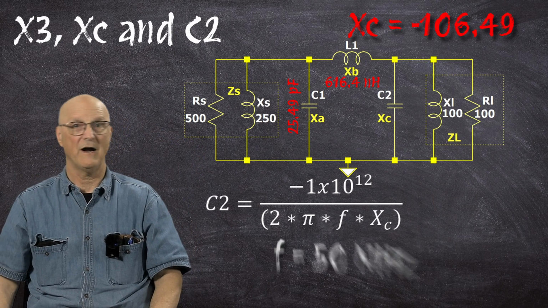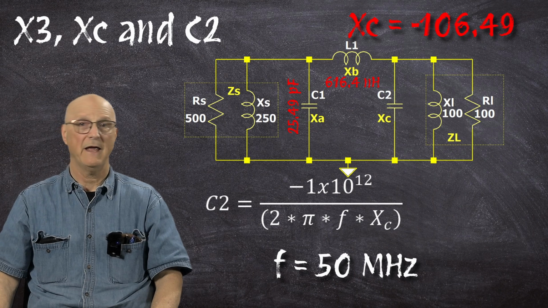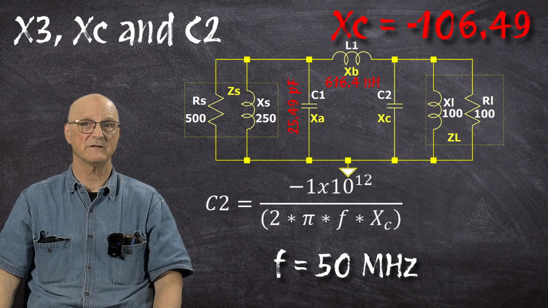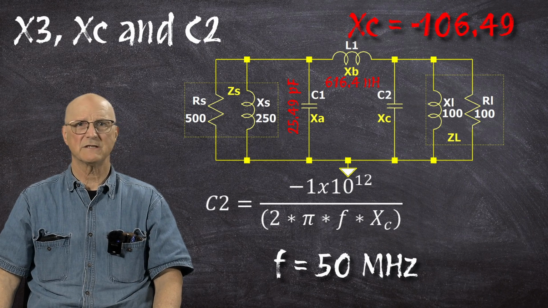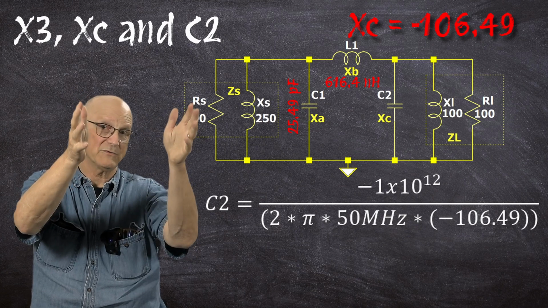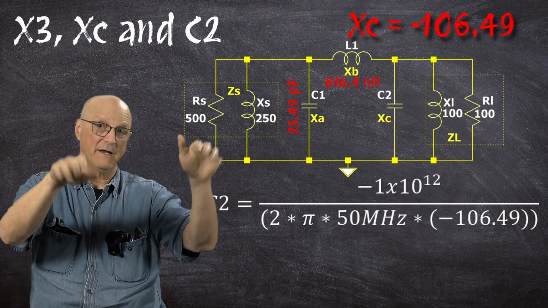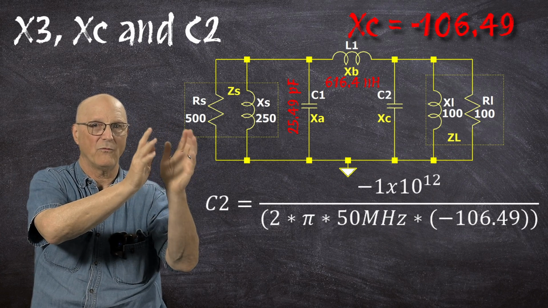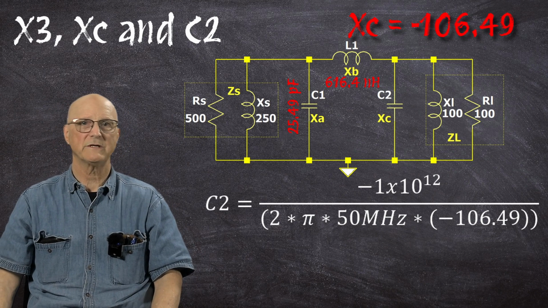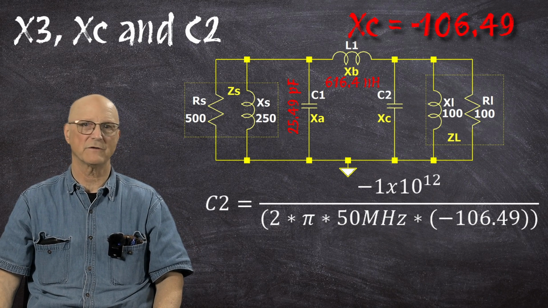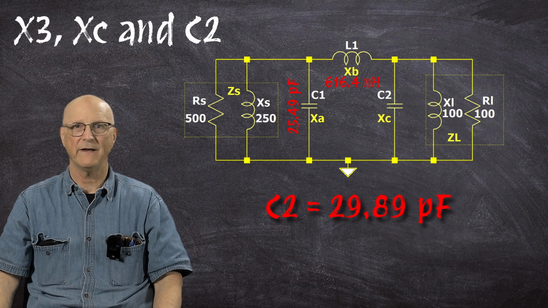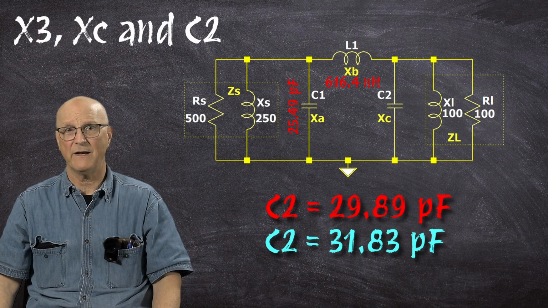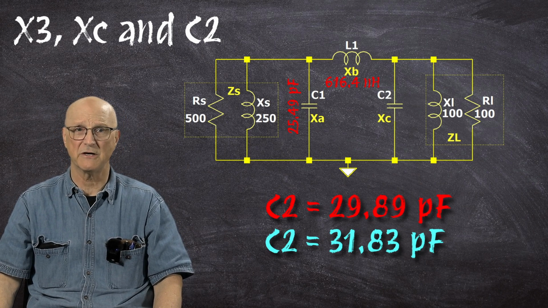And as before, our operating frequency is 50 megahertz, and we just calculated the capacitive reactance XC to be minus 106.49, which gives us that C2 is equal to minus 1 times 10 to the 12th divided by 2 times pi times 50 megahertz times a negative 106.49, which gives us a capacitance value for C2 of 29.89 picofarads. Now, we got a value of 31.83 picofarads using the Smith chart.